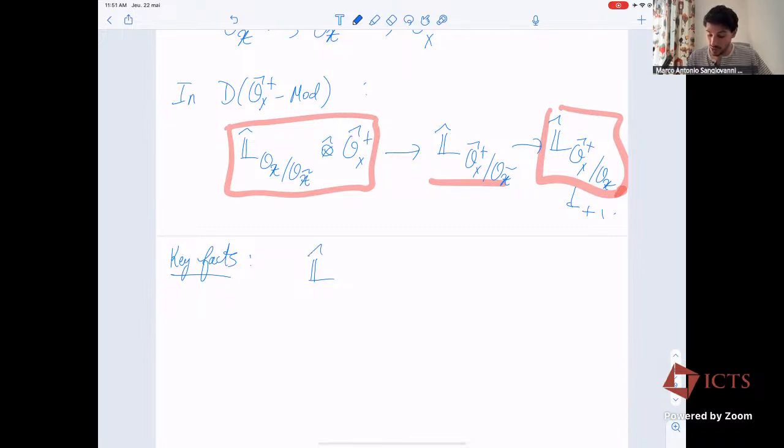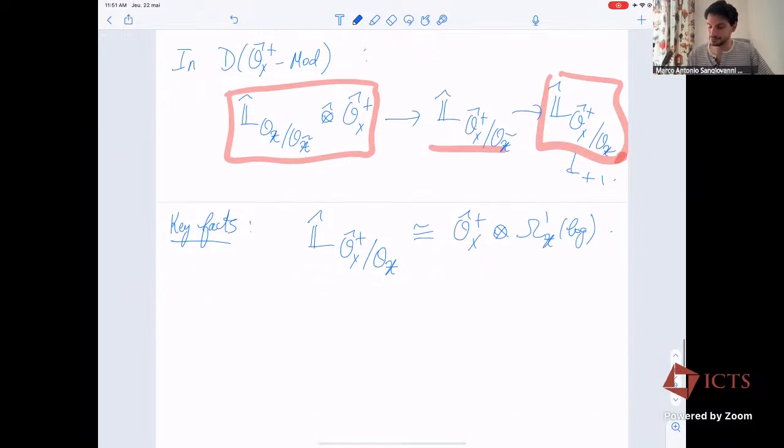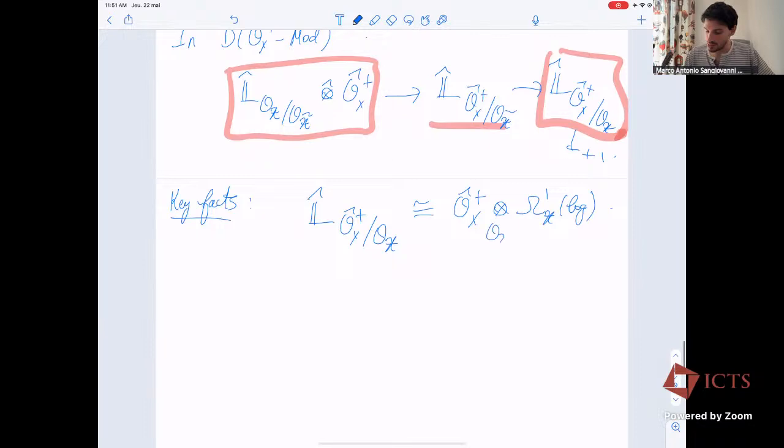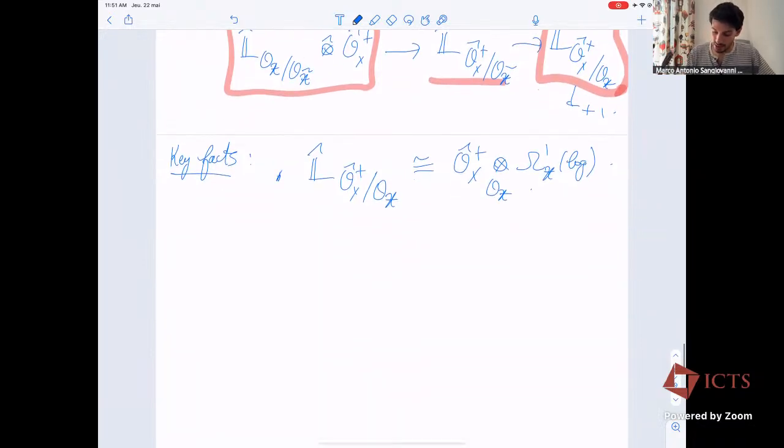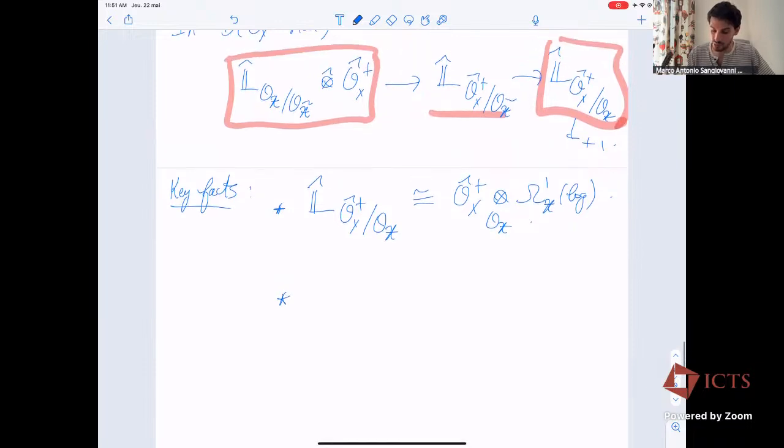So now if I compute the right-hand side, I get O_X hat plus over O_X is canonically isomorphic to O_X hat plus tensor omega 1 X with log poles. This is the first bullet point.